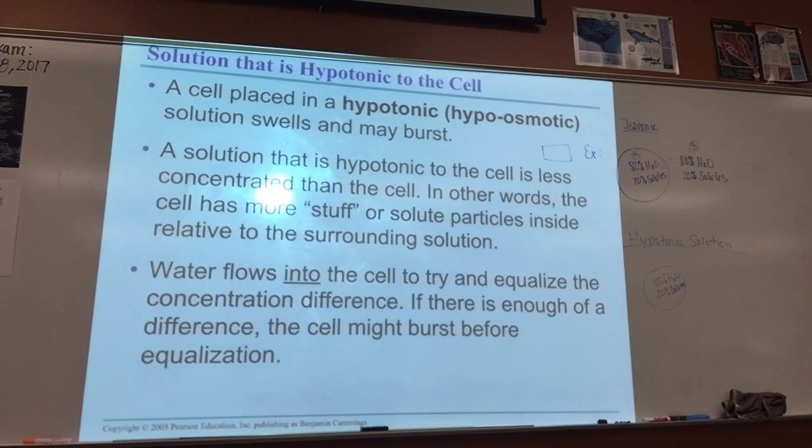What I'd like you to do is write example percentages that would have to be true about the solution on the outside of the cell to cause that solution to be hypotonic. So you are putting an example of what percent water and what percent solutes the outside would need to have in order to be hypotonic.